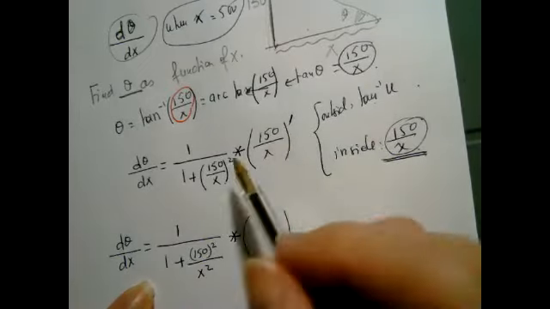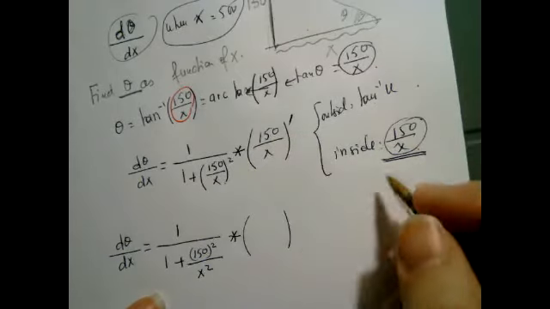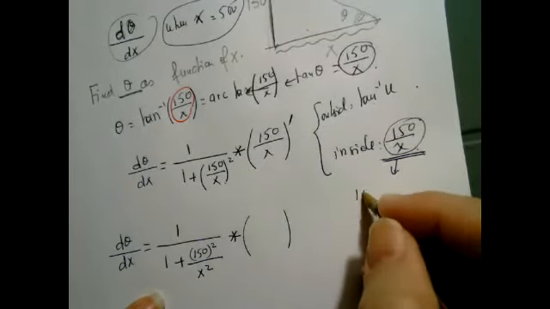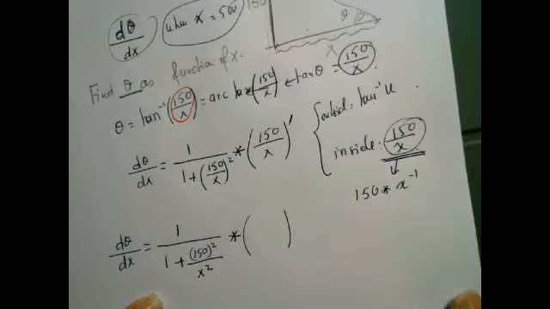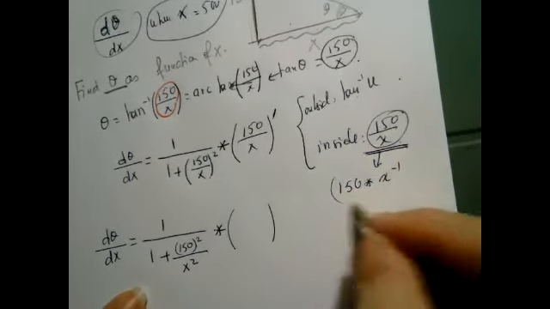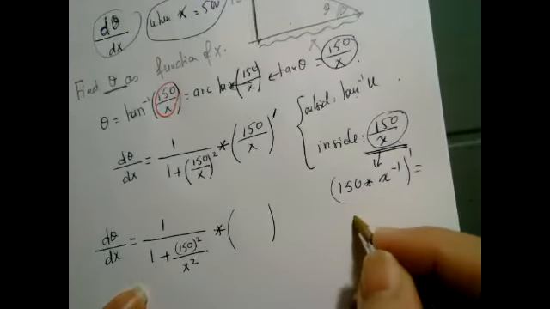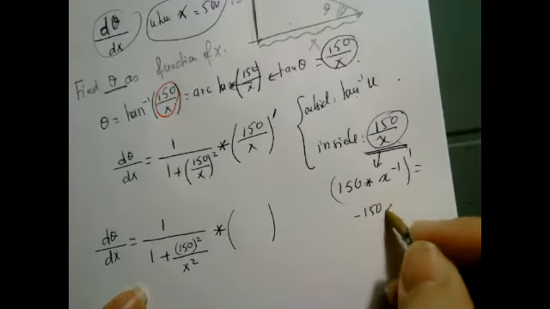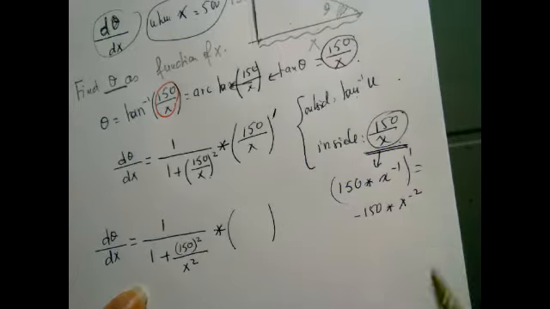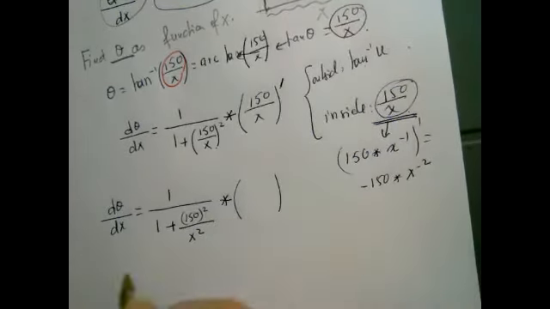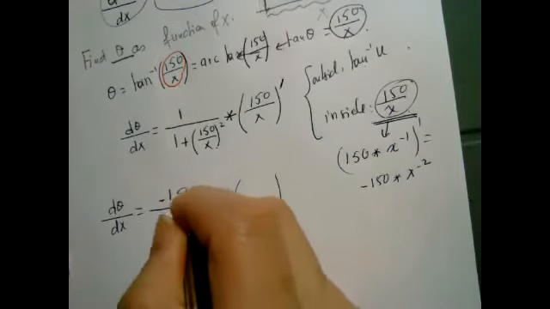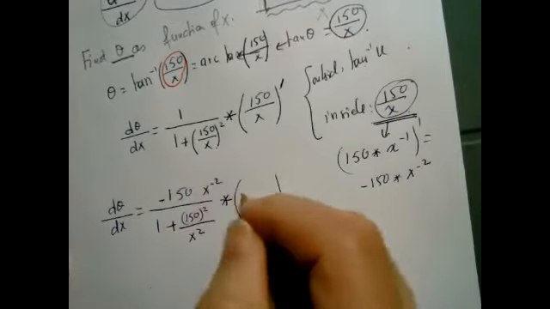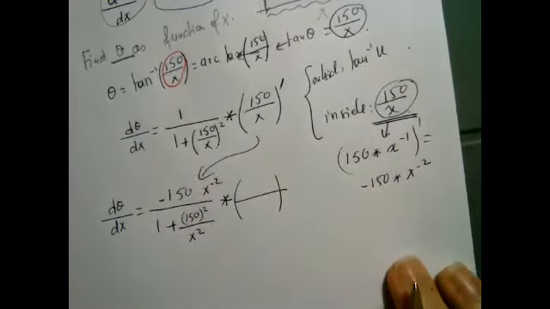If you want, to find the derivative, I can rewrite it as 150 times x to the minus 1. So the derivative of that is minus 150 x to the minus 2. So I'm going to have here a minus 150 x to the minus 2. So I wrote the derivative in there.